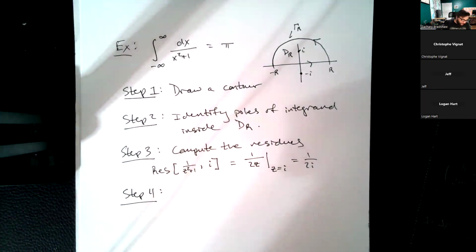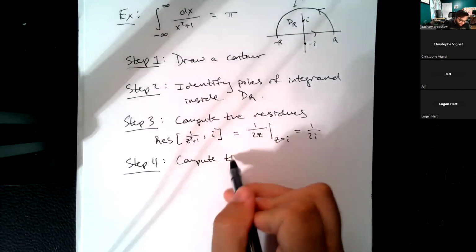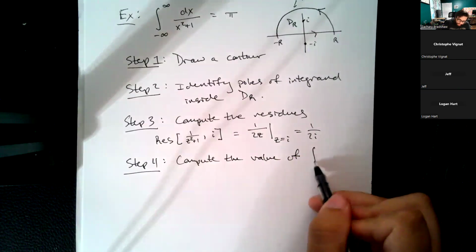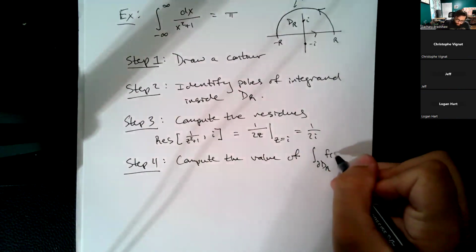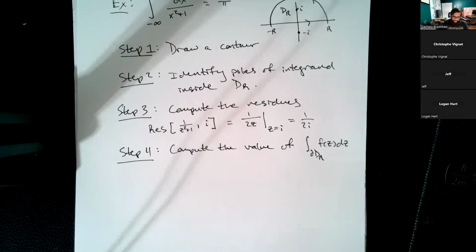Step 4, we need to compute the value of the integral over the boundary of D r. And this is where the residue theorem comes in. Okay.